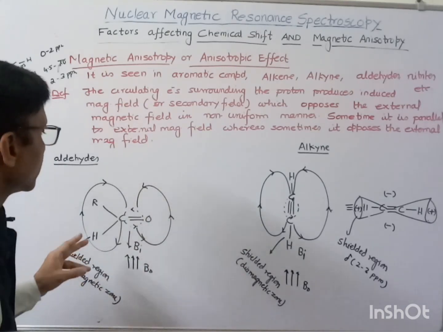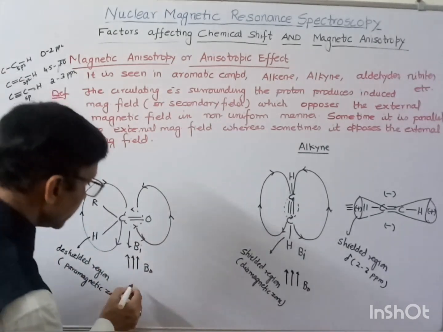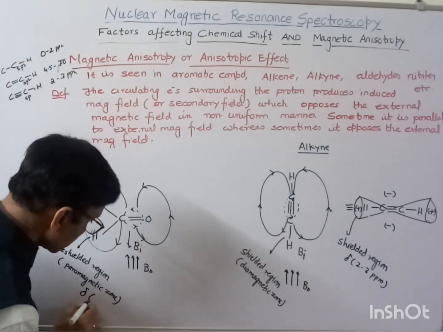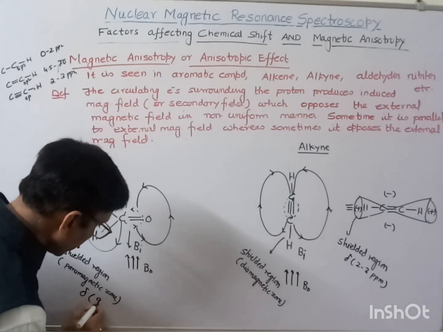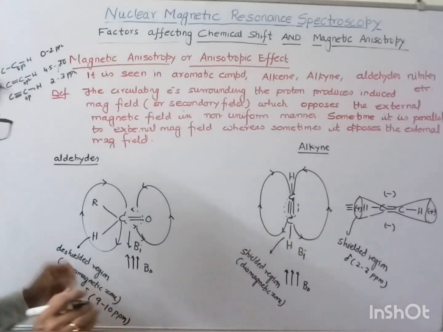So that's why these aldehydic protons are quite de-shielded, and the delta value is very high, 9 to 10 ppm, for this aldehydic proton.